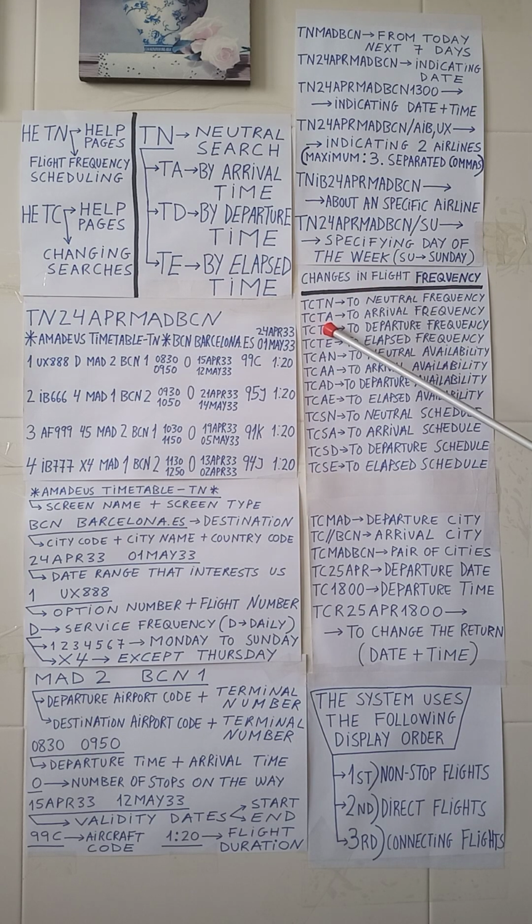TCTV is used to change a search that has been previously done so that the new search is now with the TD code. TCTE is used to change a search that has been done previously so that now the new search is with the TE code.